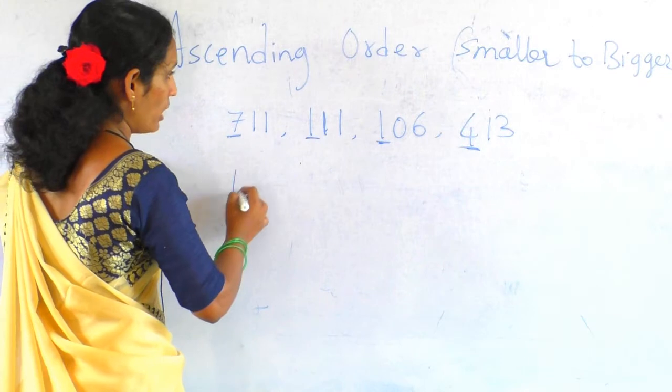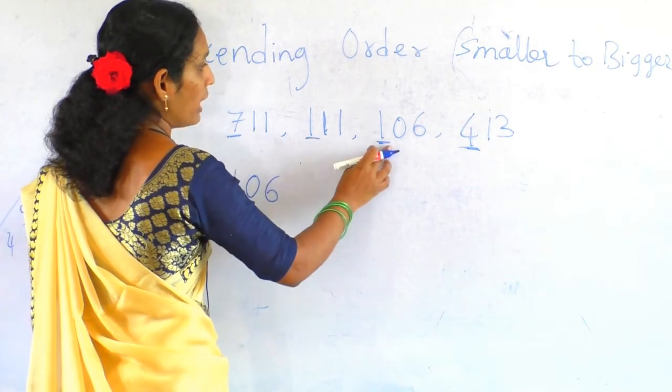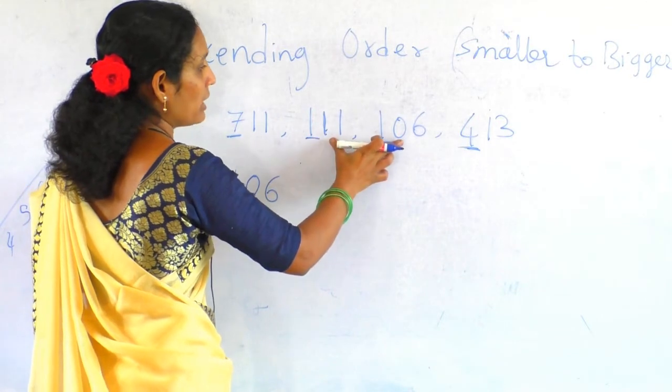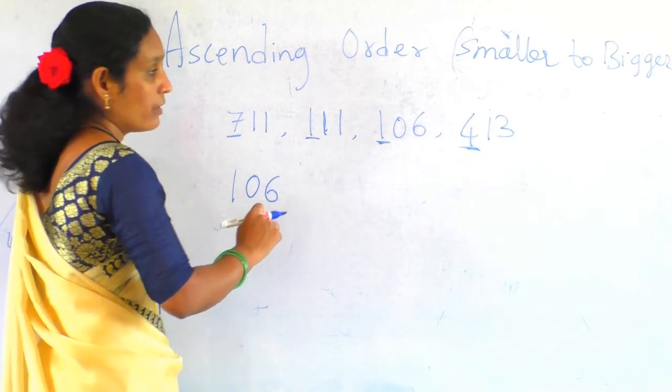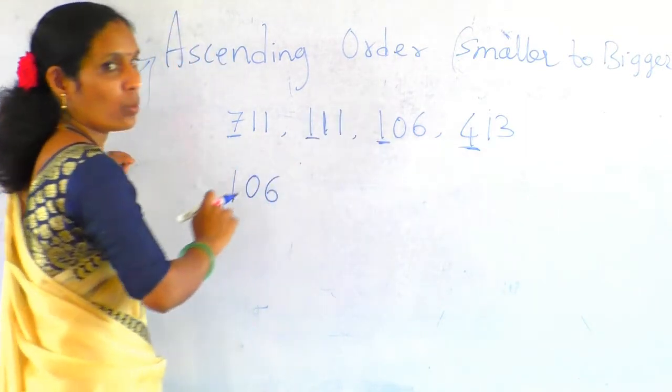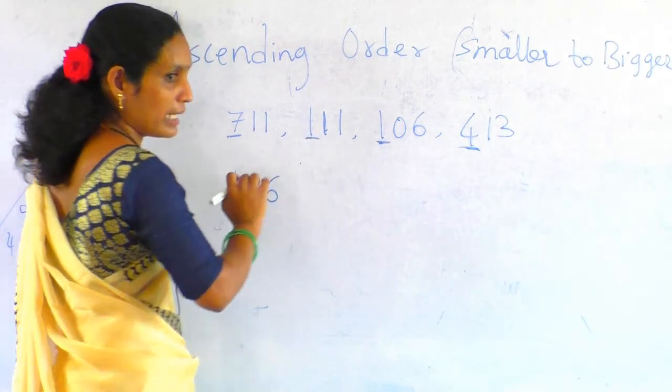See here, 1, 0, 6. Here 1 and 1 are in the 100s place, but you see the tens place. 10 and 10. First we write the 0, later we will write the 1.